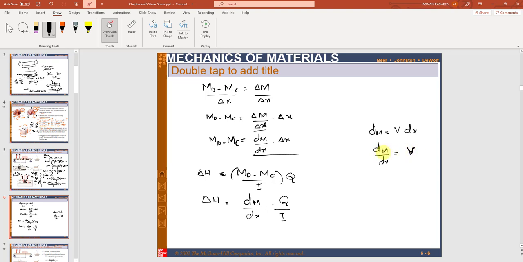So if you have the bending moment equation, you can take the derivative. After that, the resultant equation will be the required shear force. So instead of dM over dx, we can also write delta H is equal to VQ over I.